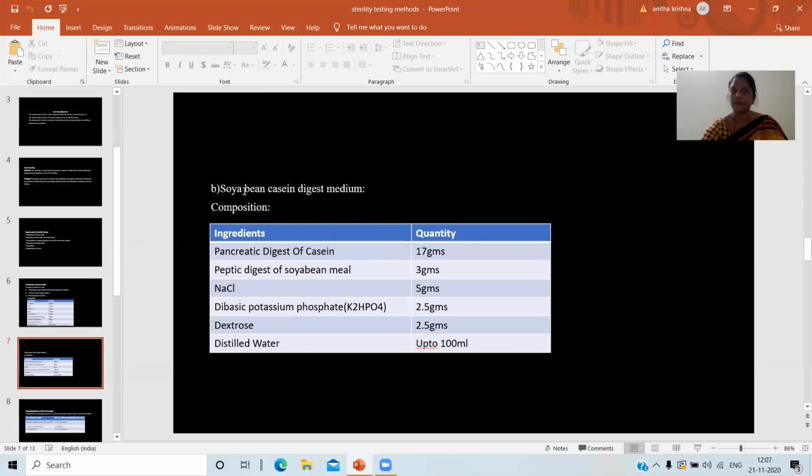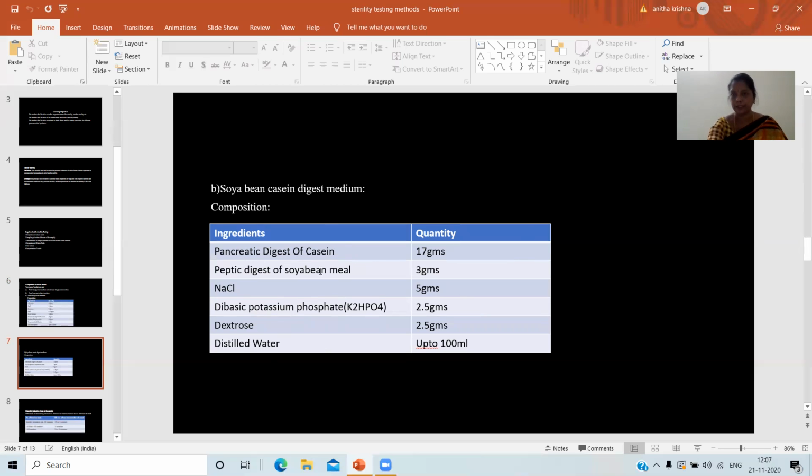The composition of soybean casein digest medium is pancreatic digest of casein, peptic digest of soybean meal, sodium chloride, dibasic potassium phosphate, dextrose, and distilled water. Both media are mostly used for the test for sterility.